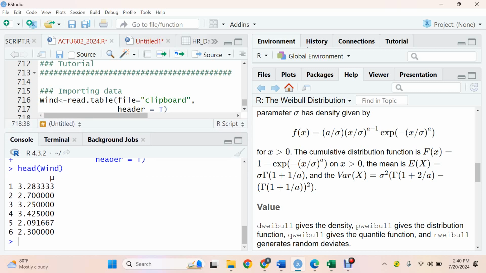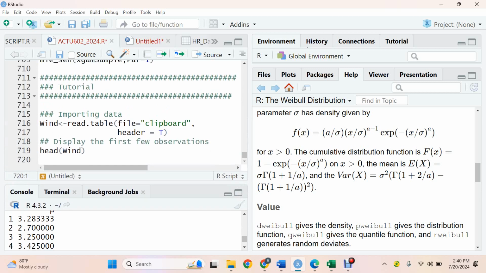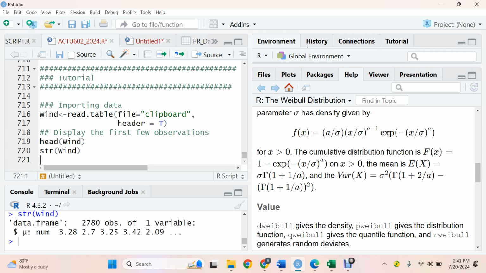But now this is now a data frame. So for example, you can check, let's say, the structure of wind. If we check the structure of wind, this will be a data frame. But because it's just one, it's a data frame with just one column. So I can as well use it as a vector.